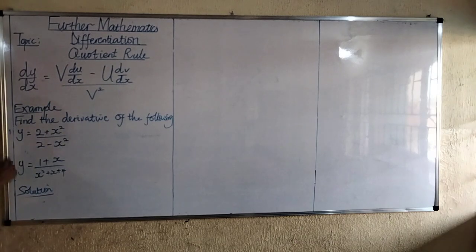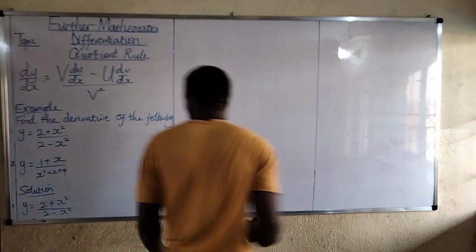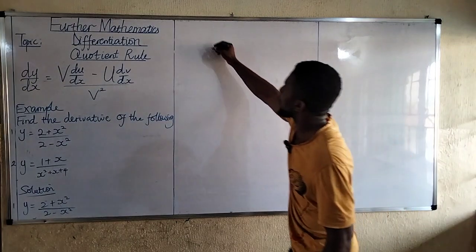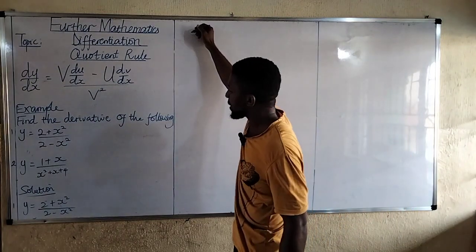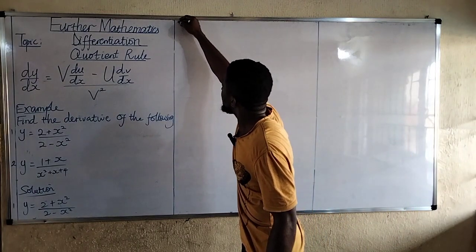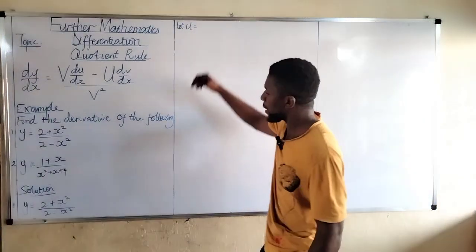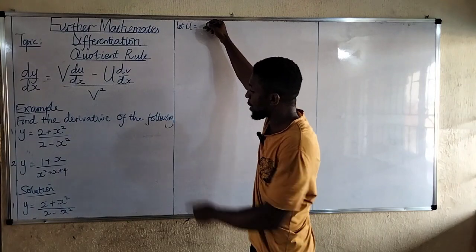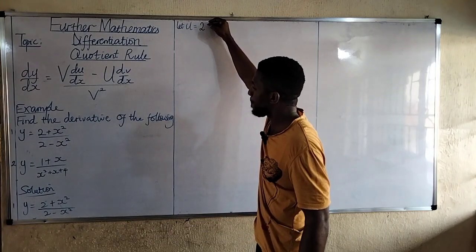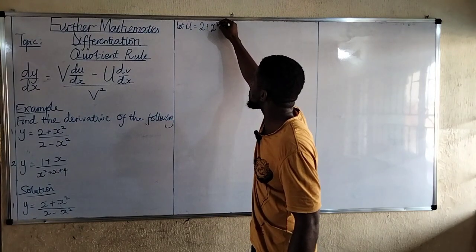The first is y equal to 2 plus x squared being divided by 2 minus x squared. Okay, we come over to this part of the board. We are going to designate. Let u equal to what we have as our numerator, which is 2 plus x squared.